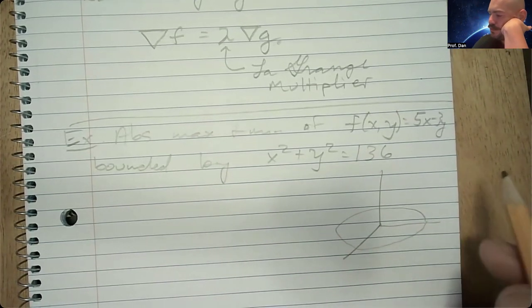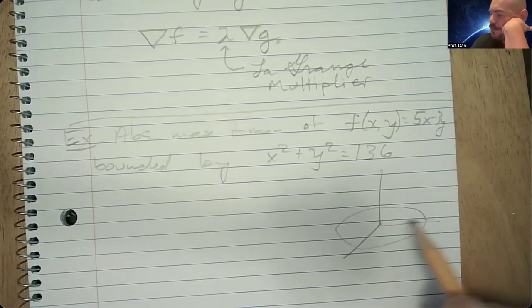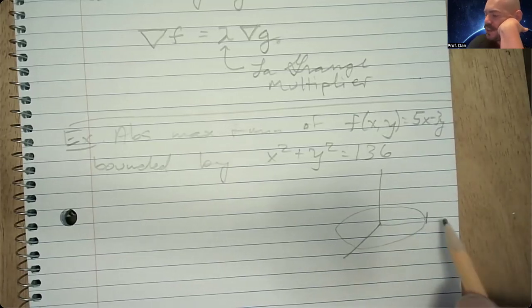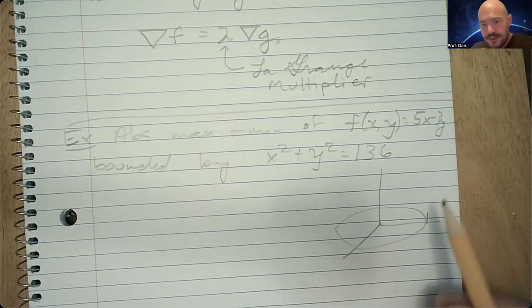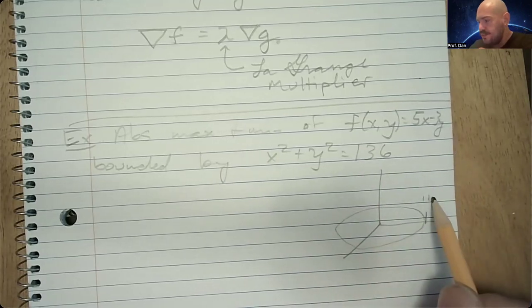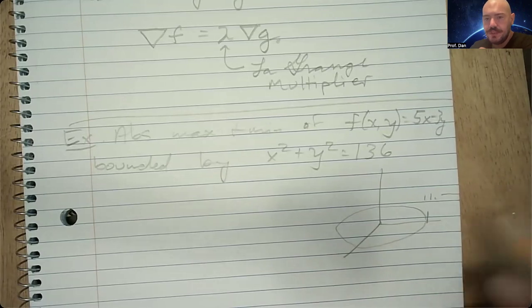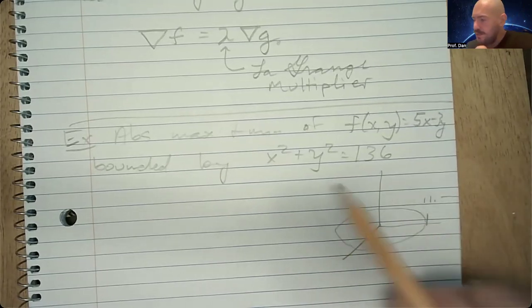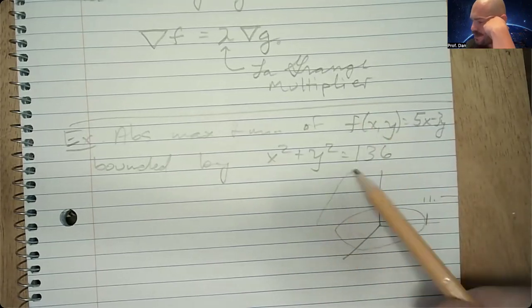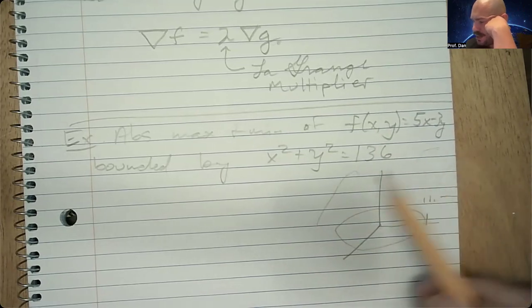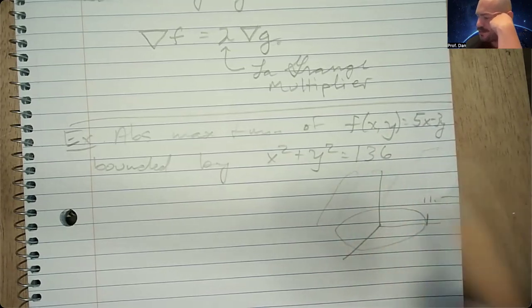Basically, this is a circle that has a radius of the square root of 136, which is going to be 11 point something. It's not totally important, but basically we're going to have this surface. It can look like any kind of wackadoodle surface, right?